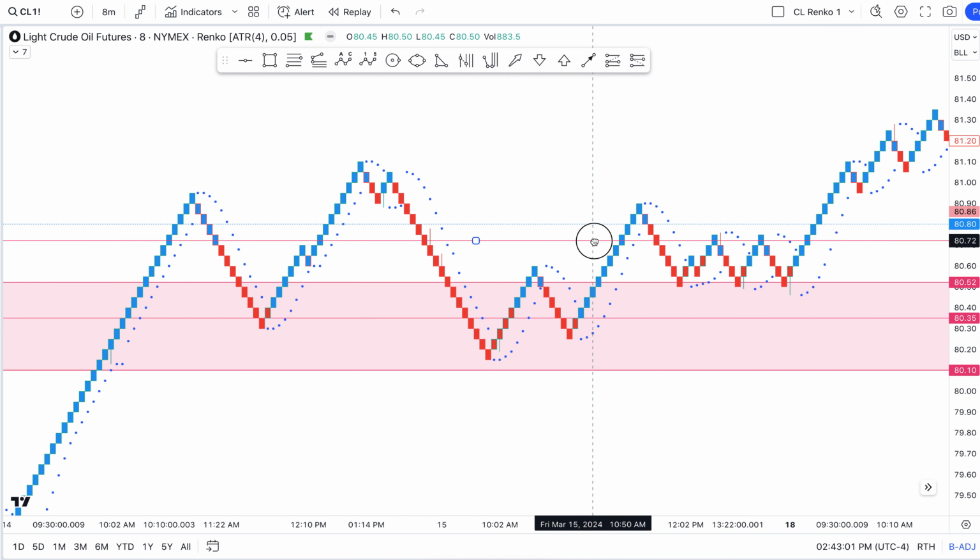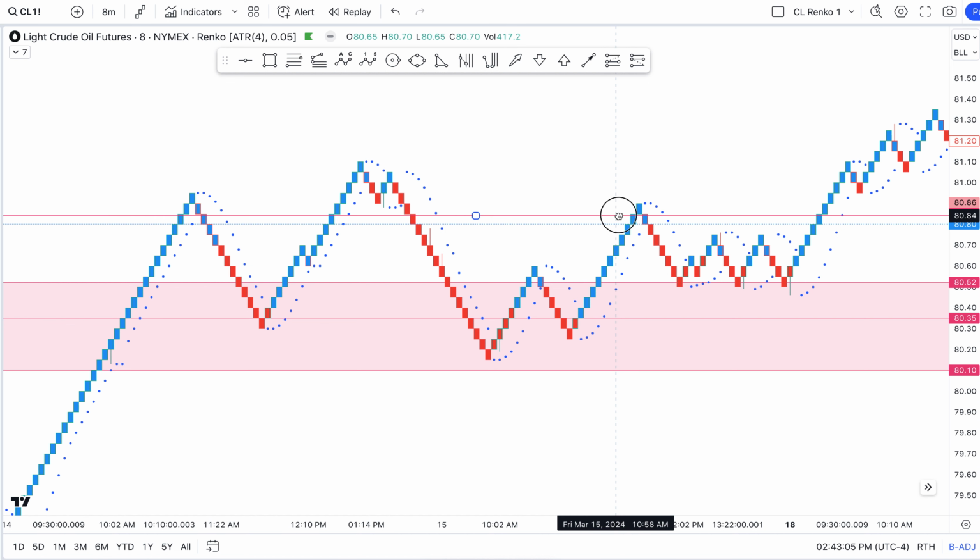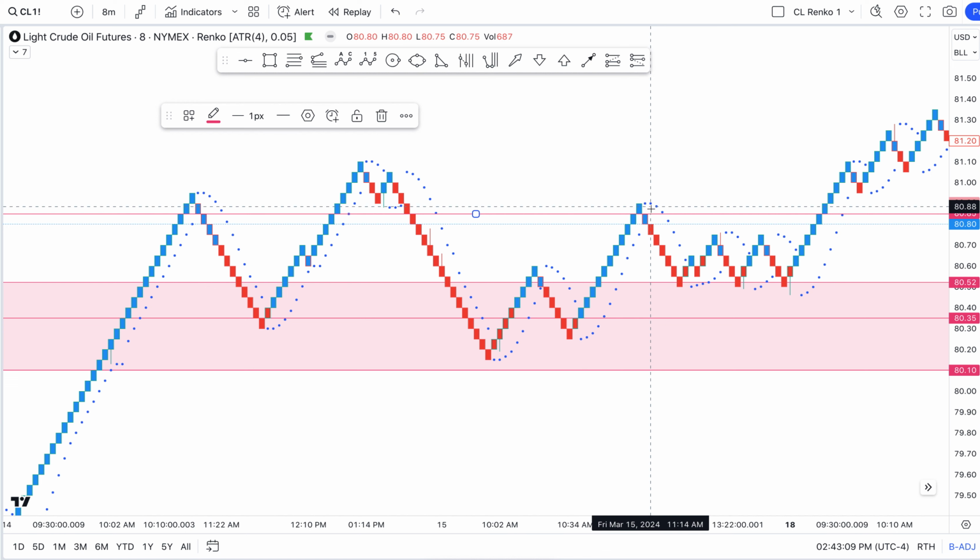If you were to take every single reversal dot, so here you're getting out of your longs because there's a dot, but you're not going to go short because you're waiting for the second reversal brick.